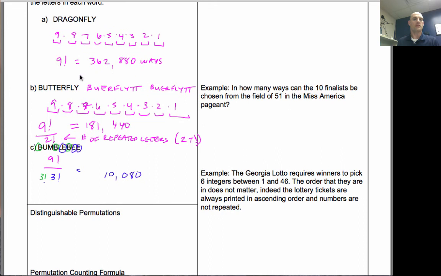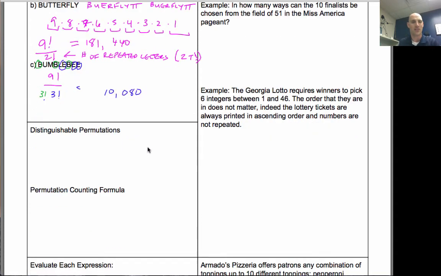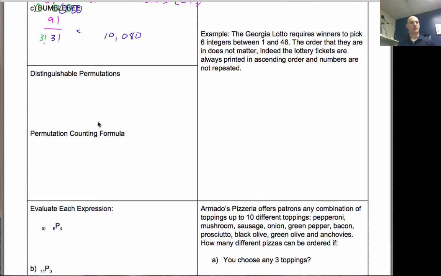Take a look at that. With no repeats, it's 362,000. With 1 letter repeated, it's 181,440. When I repeat 2 letters 3 times, it's 10,000. Distinguishable permutations, that's what we're talking about here. And it's n factorial over n sub 1 factorial times n sub 2 factorial dot dot dot n sub k factorial.